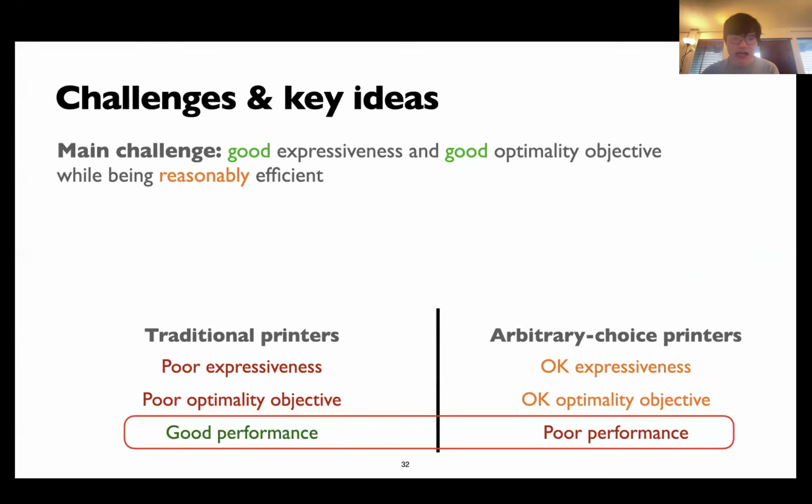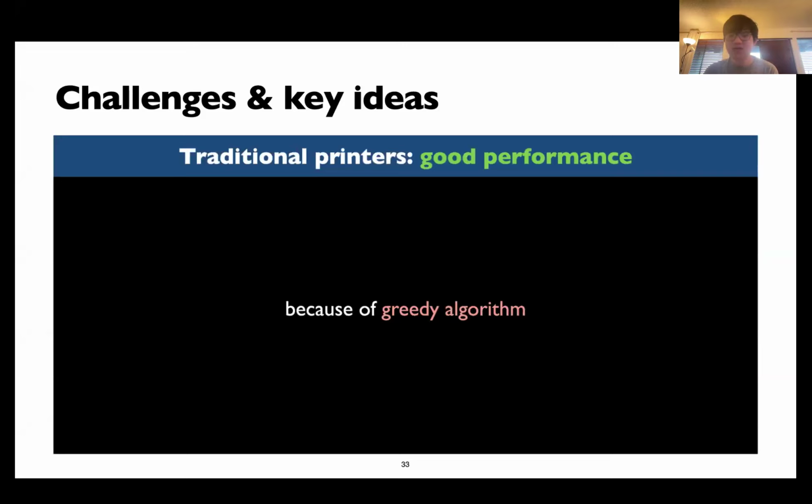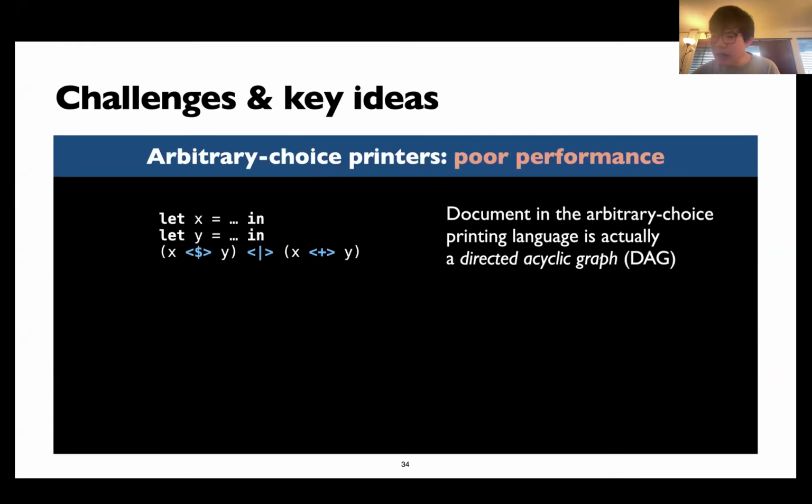All right, the last bit is performance. The traditional printers have good performance, but that's simply because they use a greedy algorithm, which we are not going to do. The arbitrary choice pretty printers, on the other hand, have poor performance, and that's because a document in the arbitrary choice pretty printing language is actually a directed acyclic graph, or DAG.